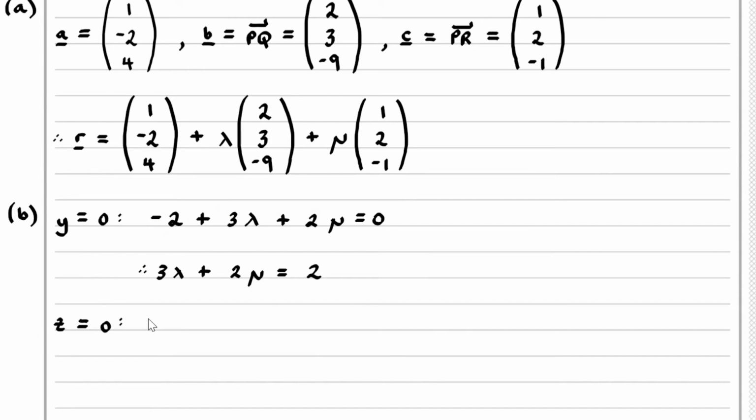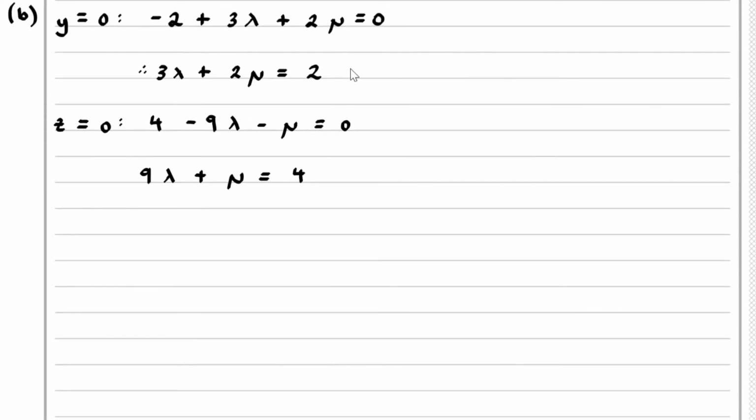Then what we have is 4 minus 9 lambda minus mu equals 0. So 9 lambda plus mu equals 4.